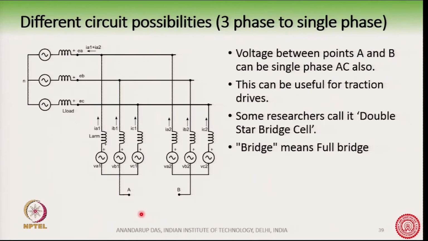We have analyzed in detail that the voltage between points A and B is a fixed DC, a straight line, and then we have the AC which is being produced here.